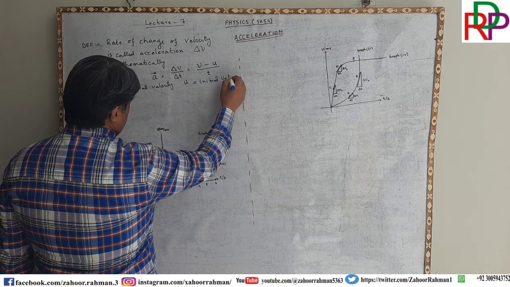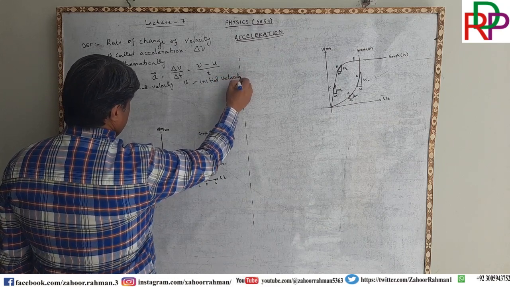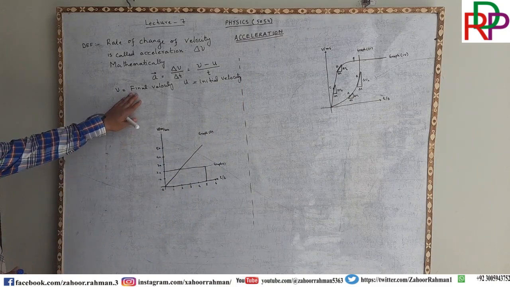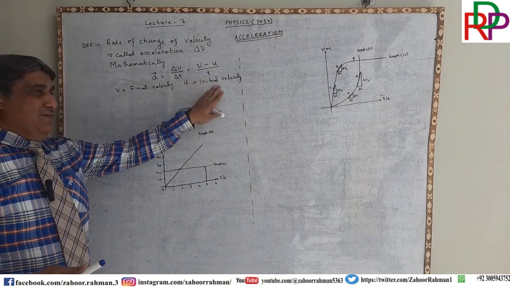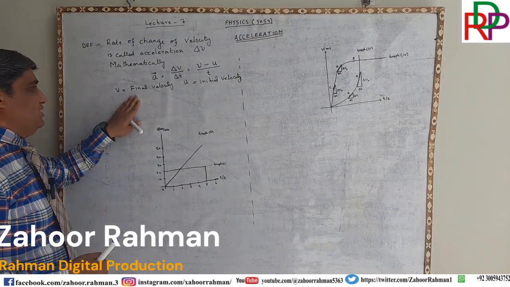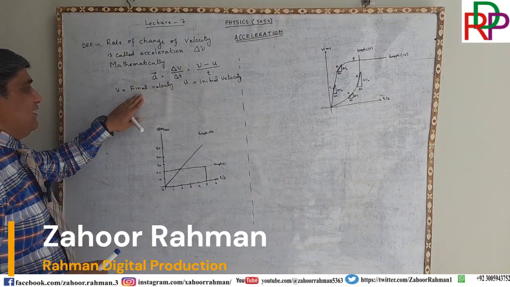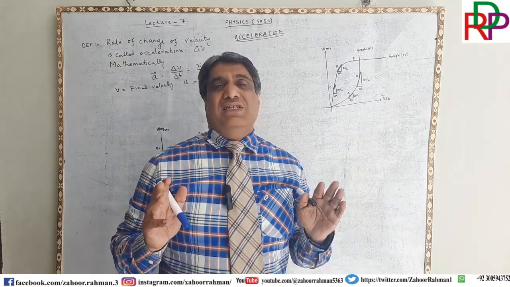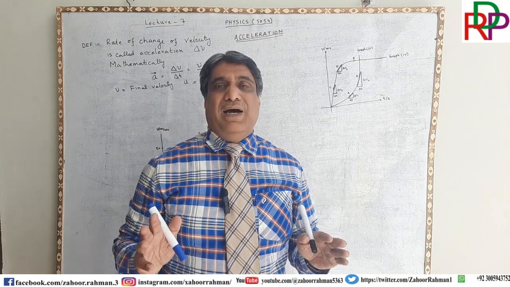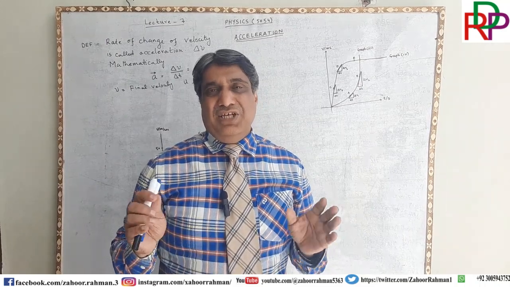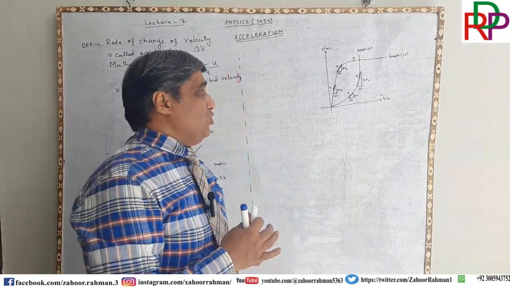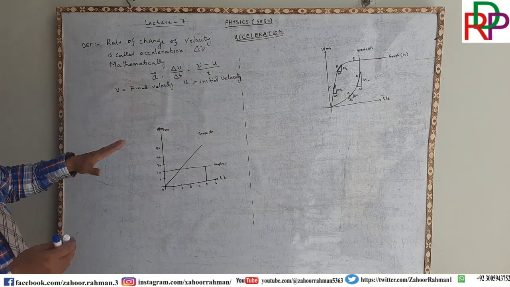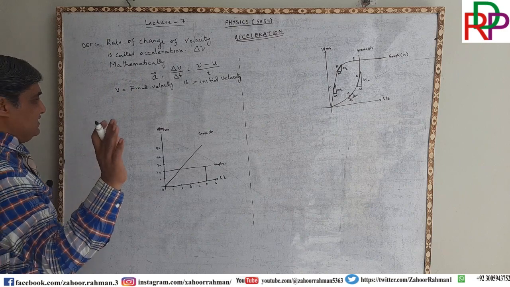Because there will be a change in the velocity, there must be a final velocity and an initial velocity. We have to subtract the initial velocity from the final velocity. So that is called acceleration if there is a change in the velocity.